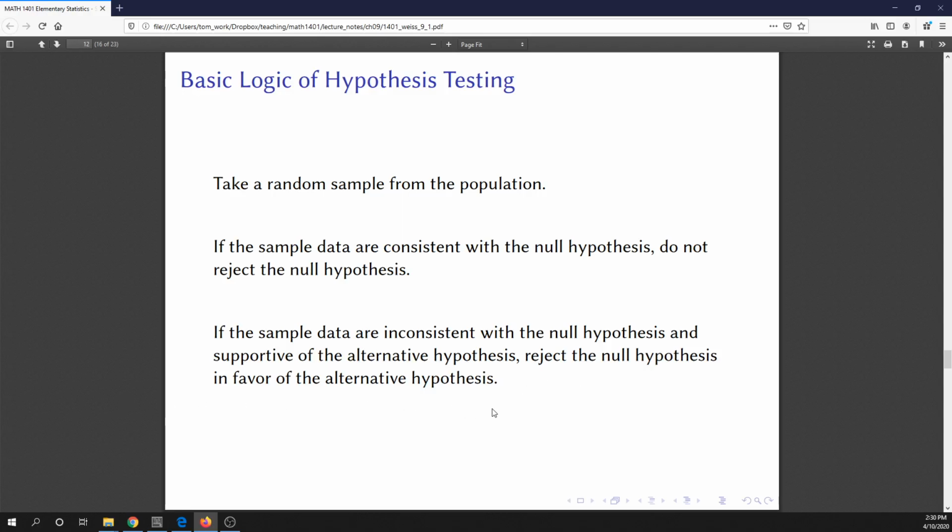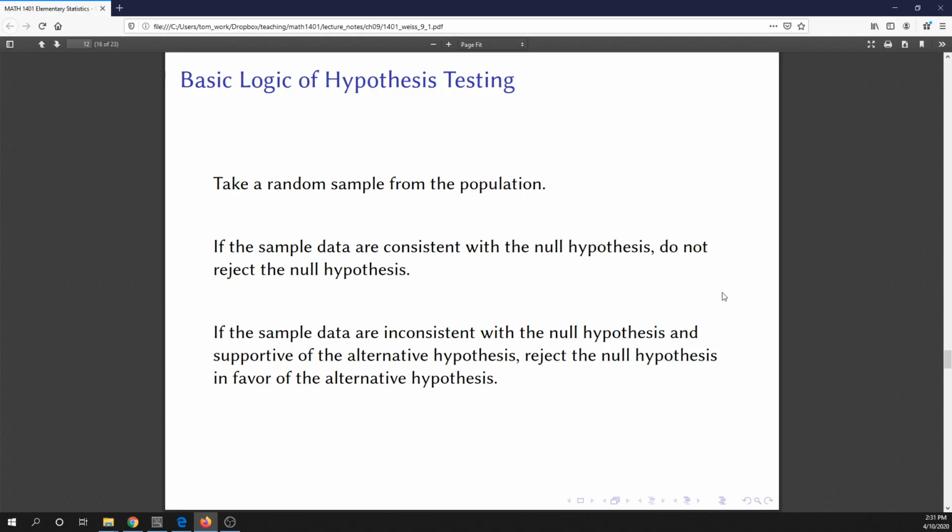So we examine the sample data. If it's consistent with the null hypothesis, we do not reject it. That sample is consistent with what is known or believed to be true. If they are inconsistent, and more along the lines of the alternative hypothesis, we reject the null hypothesis in favor of the alternative. Those are the two outcomes that we might have.